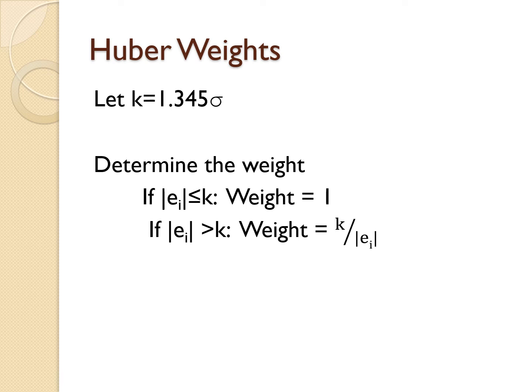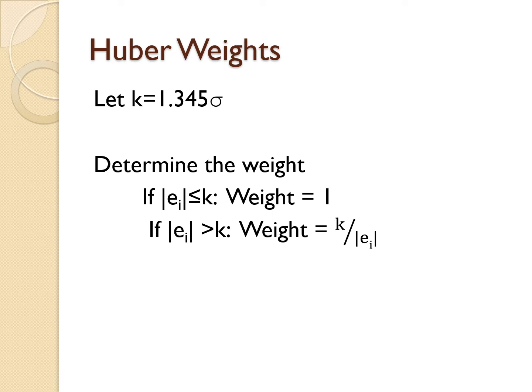Now, what happens? Well, if k is just slightly smaller than the error term, I'm going to get a value close to 1. But if the error term was ridiculously huge, that's going to move closer and closer to 0. Now, the logic in statistics is, even if I have a small number for my weight and I'm going to discount that point a great deal, having it there is still more accurate than completely removing that point.